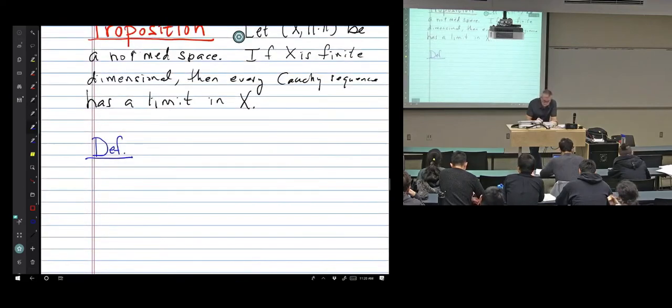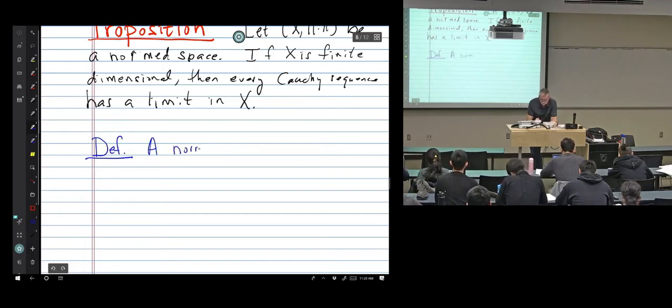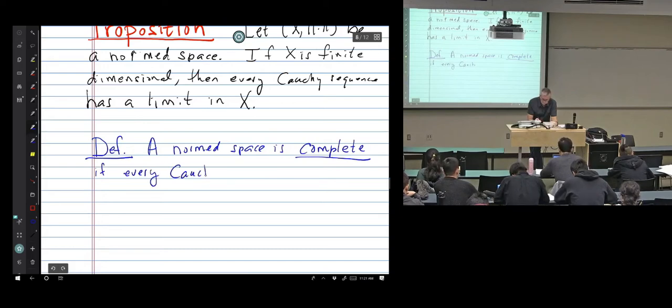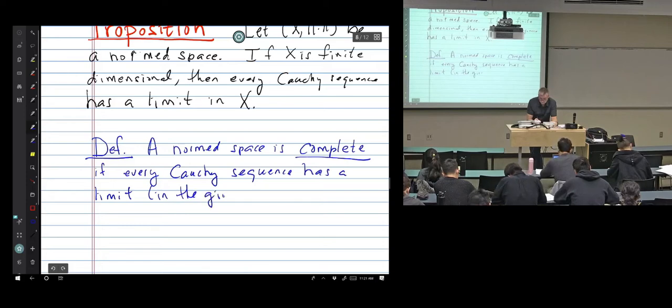Okay, definition. A normed space is complete if every Cauchy sequence has a limit in the given normed space. Just emphasizing that again.